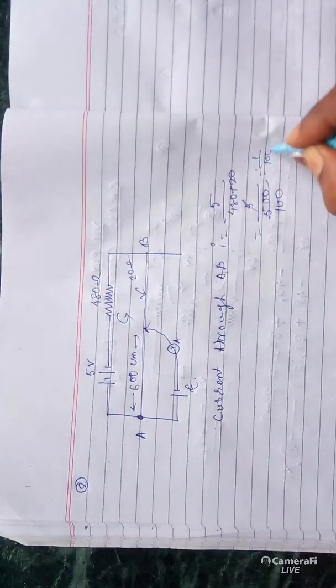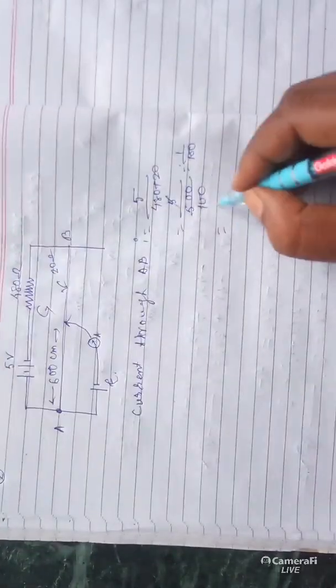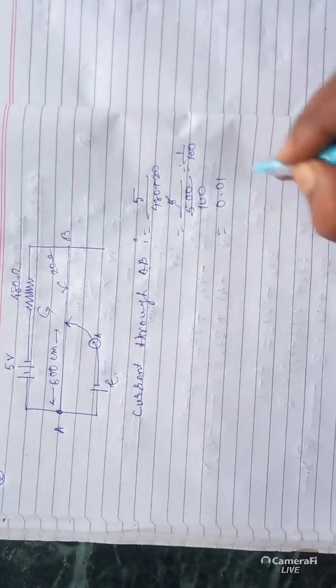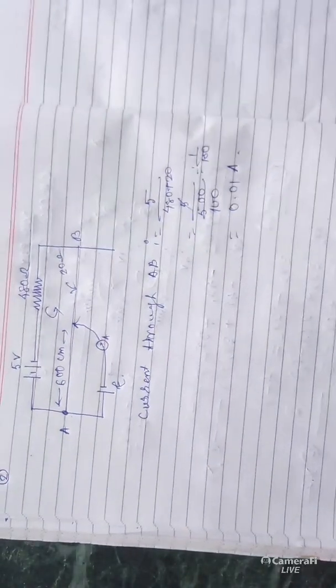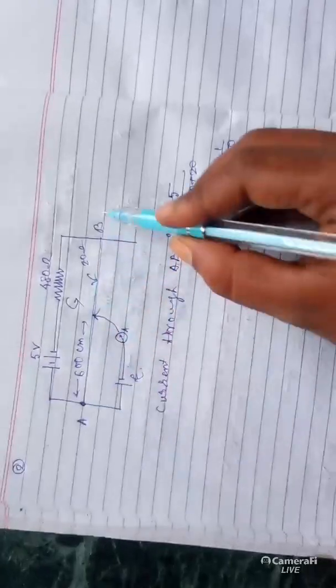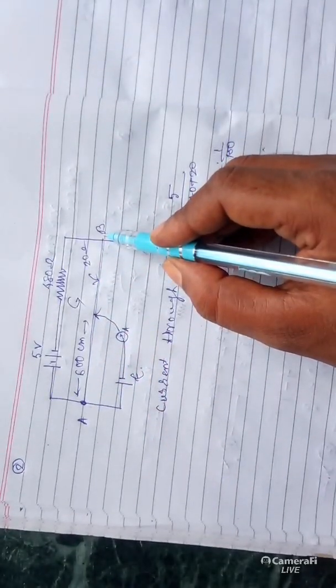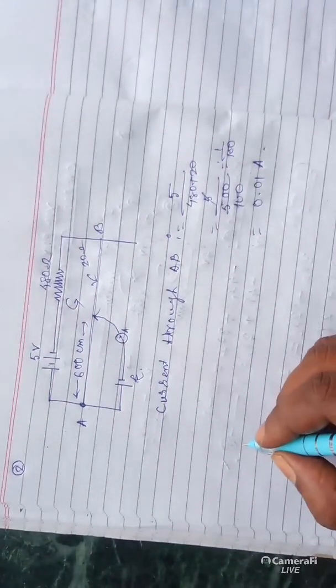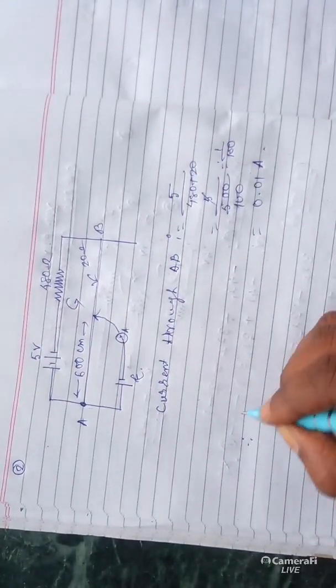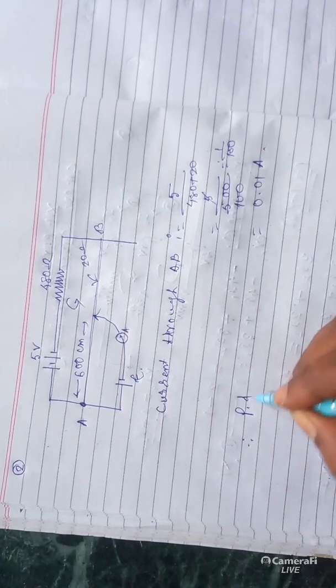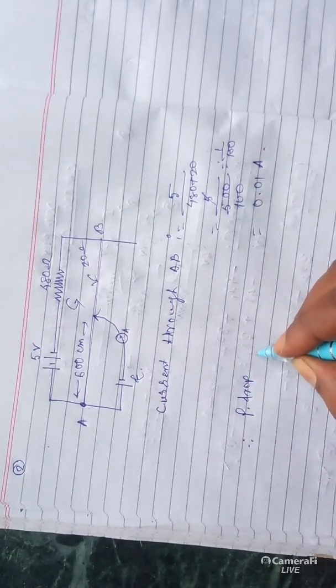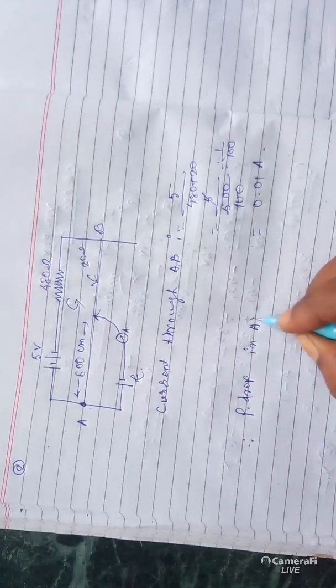1 by 100 is equal to 0.01 ampere. So 0.01 ampere is flowing through it. Therefore, what will be the potential drop in AB?